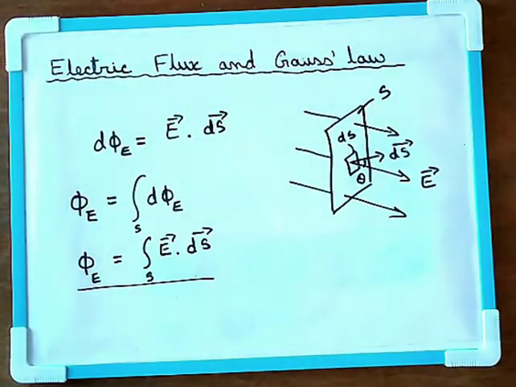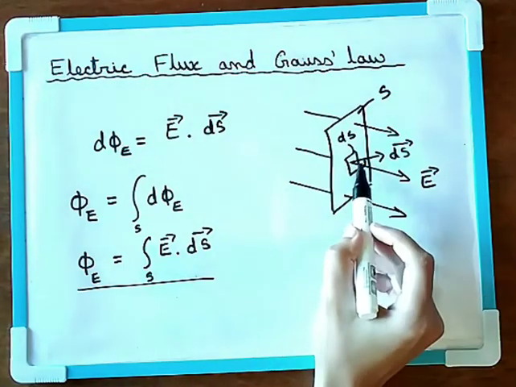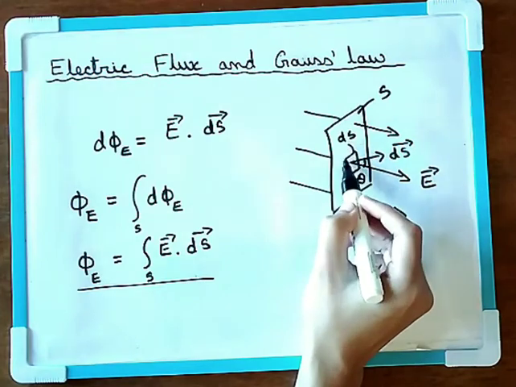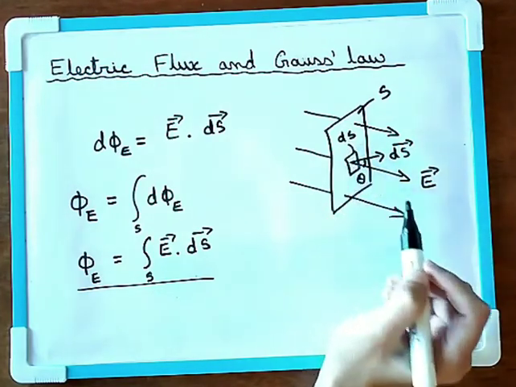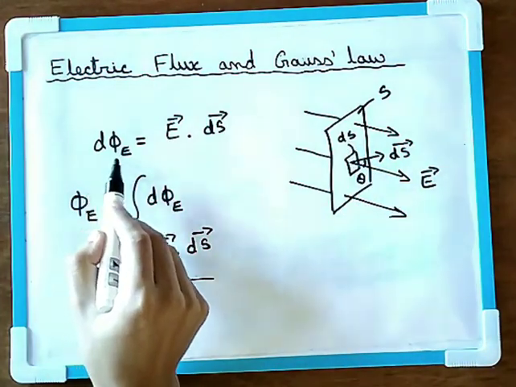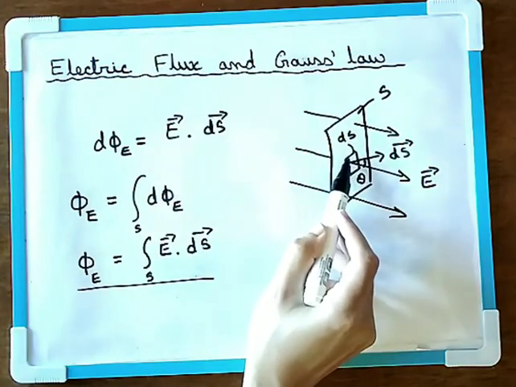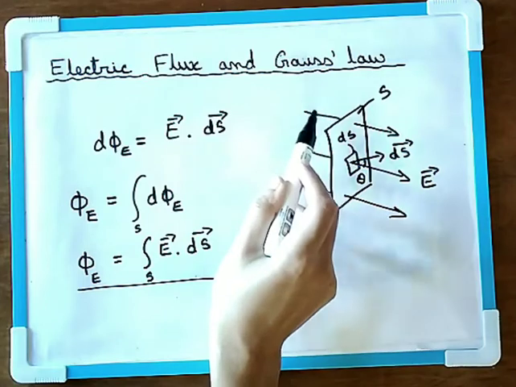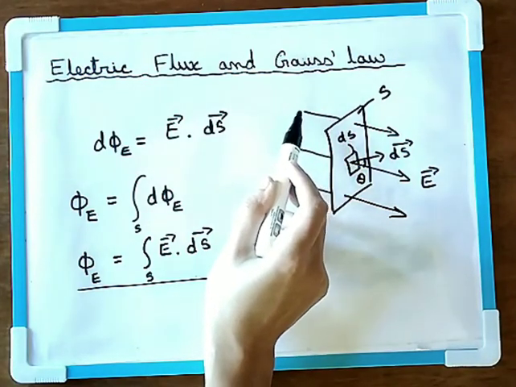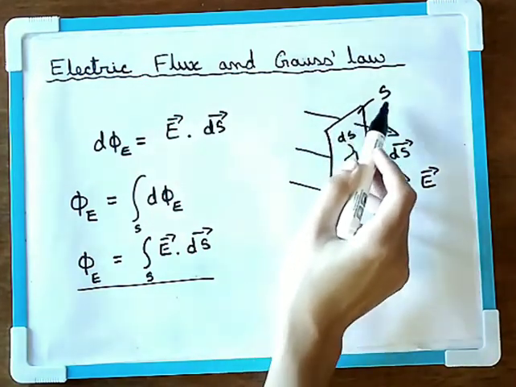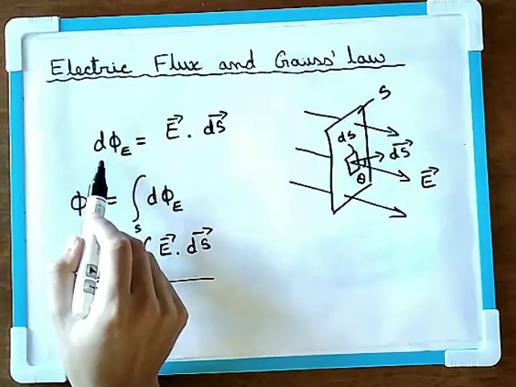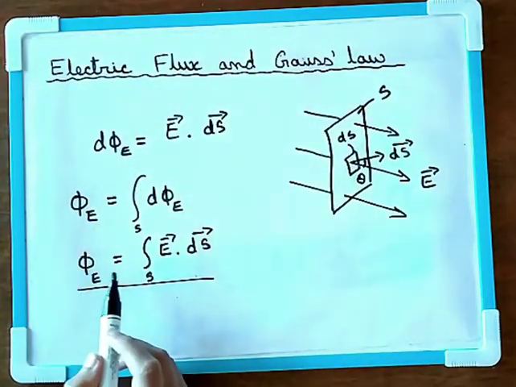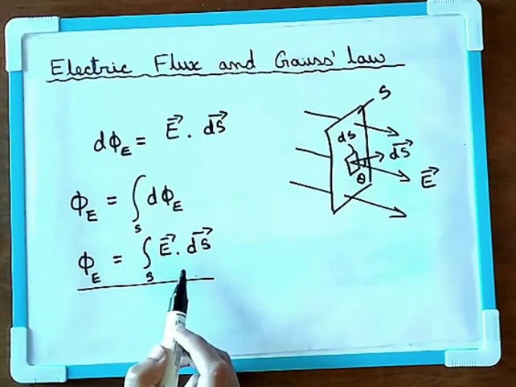Remember, this dS vector is the area vector, this dS is the small elementary area, and this d phi is the electric flux through this small elementary area. And if you want to find the electric flux through the whole surface area S, then you have to integrate this d phi E over the surface, which is given as integration E dot dS.